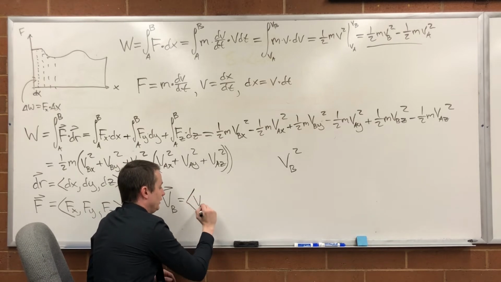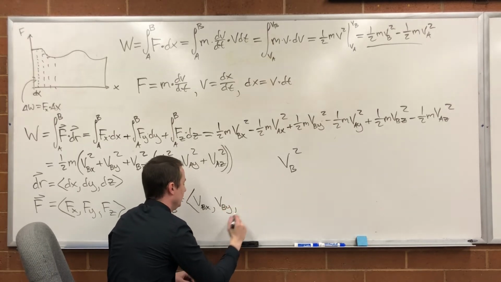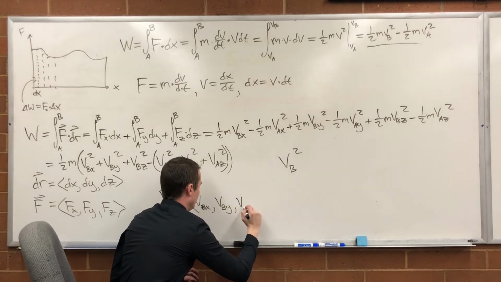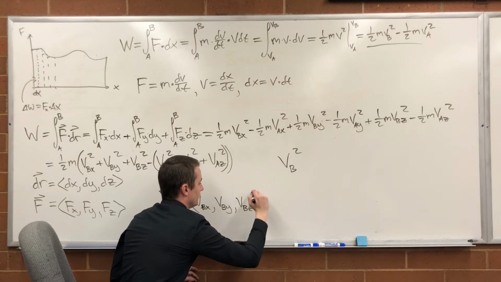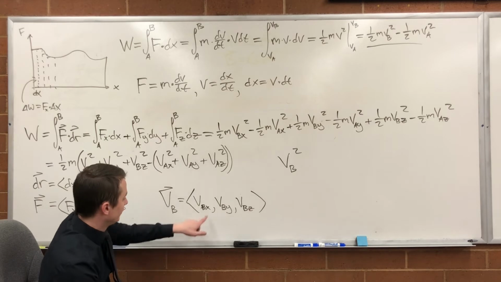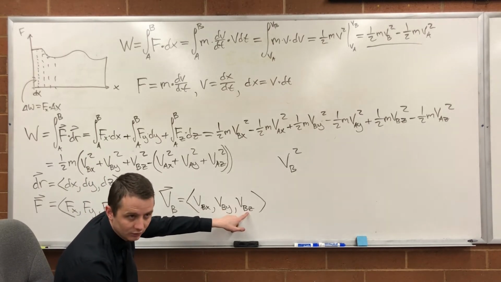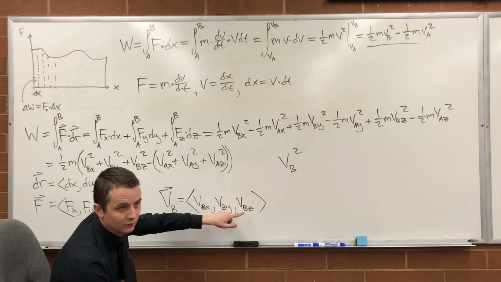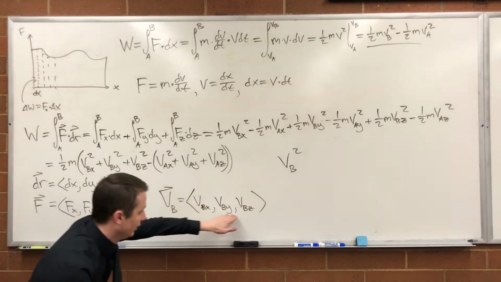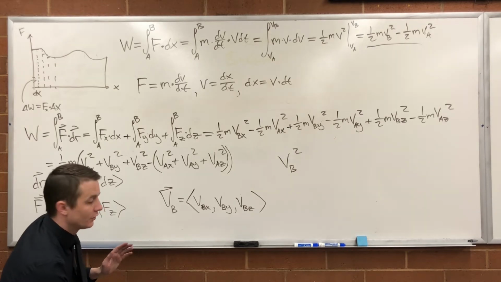You have my velocity in the x direction, VB sub x, comma, my velocity in the y direction, VB sub y, comma, and my velocity in the z direction, VB sub z. This is a vector, these are just numbers. This tells me how fast I'm going in the x direction, the y direction, and the z direction. So they're just speeds now. Good?